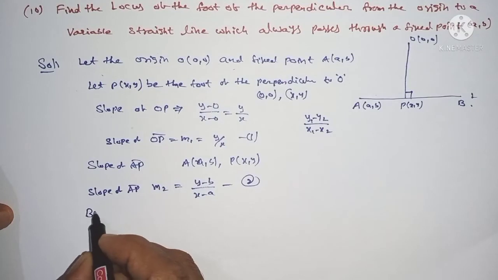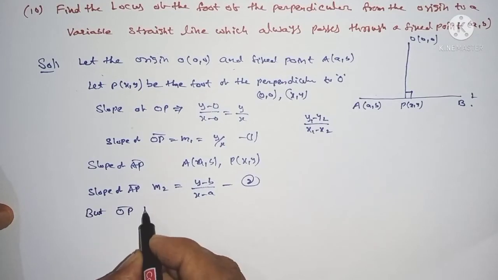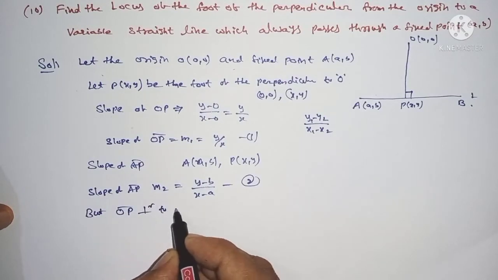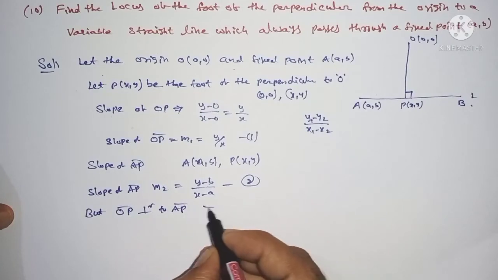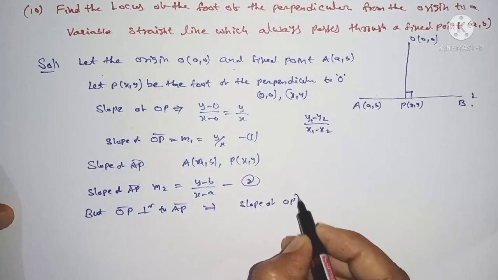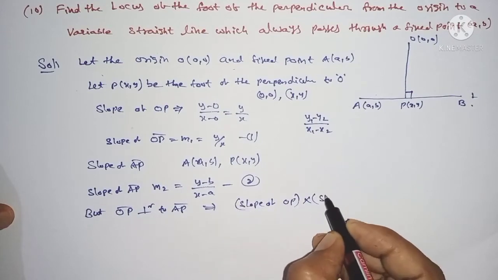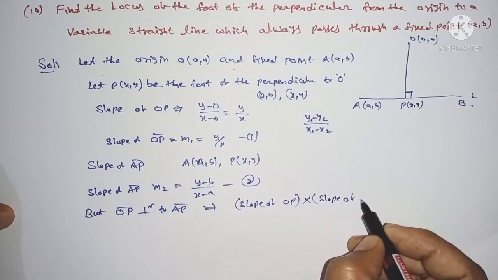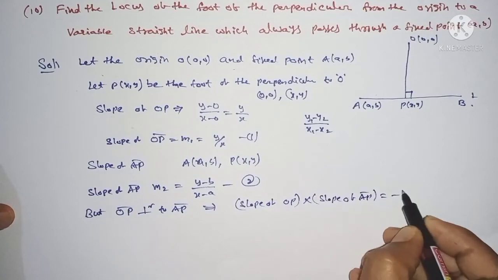But we have OP is perpendicular to AP. Therefore, what is the condition? The slope of OP into slope of AP is equal to minus 1.